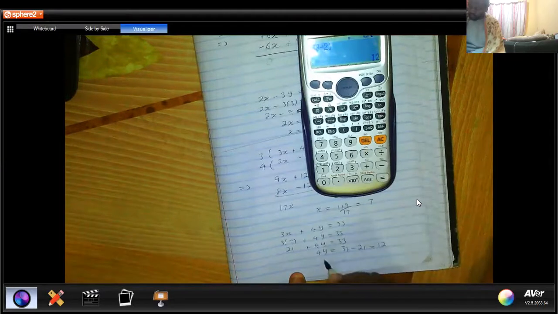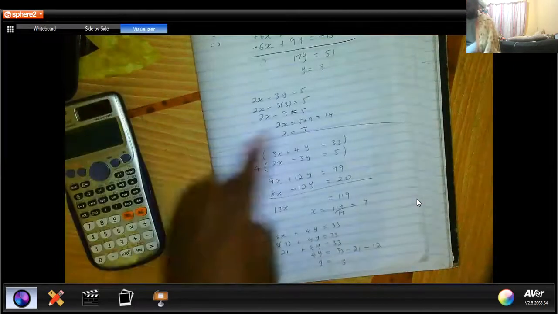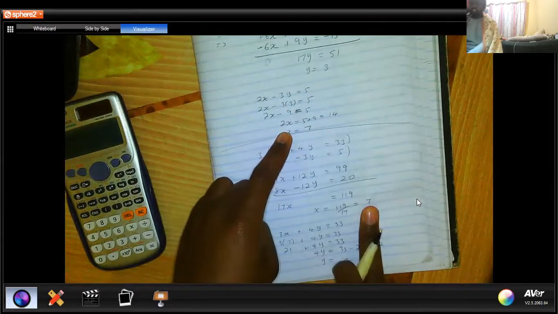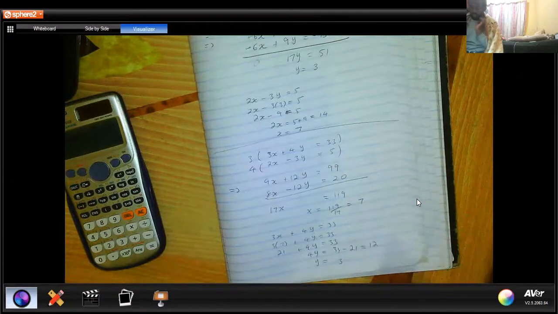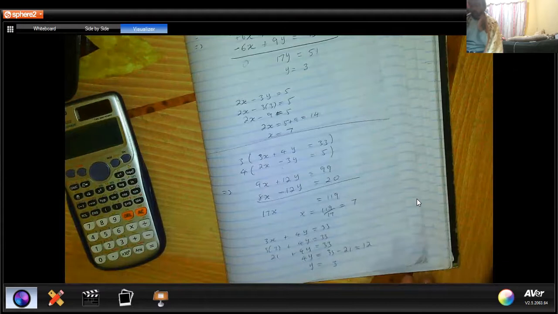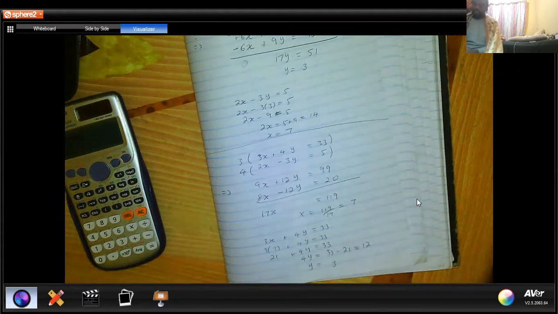And then y is 12 over 4, which is 3. Now you can see that y is equal to 3, x is equal to 7. It doesn't really matter which equation you use. The solution will always be the same. But you, of course, will not do both methods unless you are instructed to do so. You will only be required by your lecturer to use only this particular method.